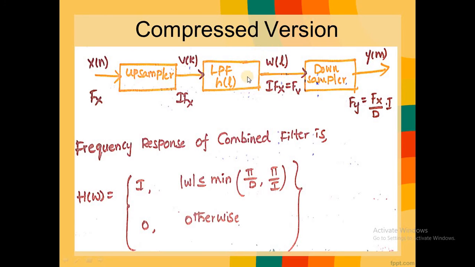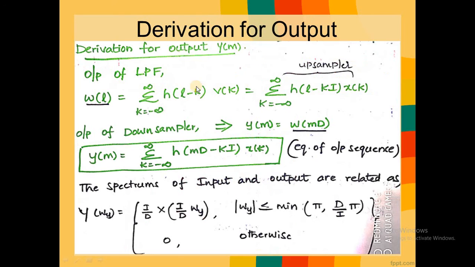W of L is the output of the low pass filter. So we can write W of L equal to summation k equal to minus infinity to infinity h of L minus k into V of k. This is the equation of the low pass filter, its output. LPF stands for low pass filter.